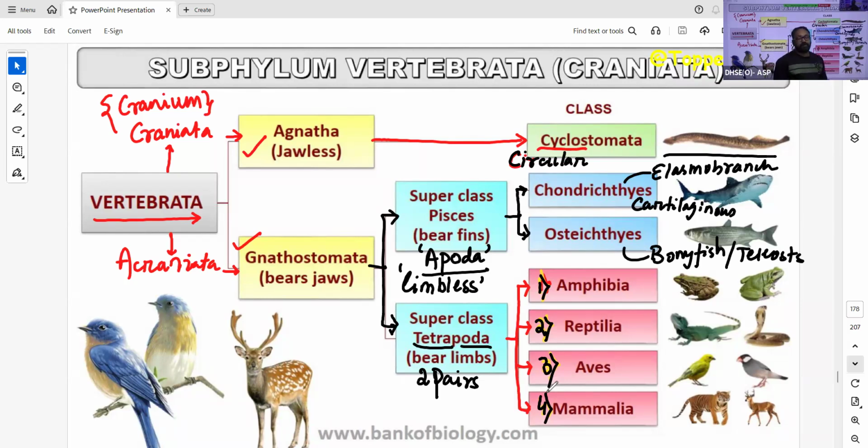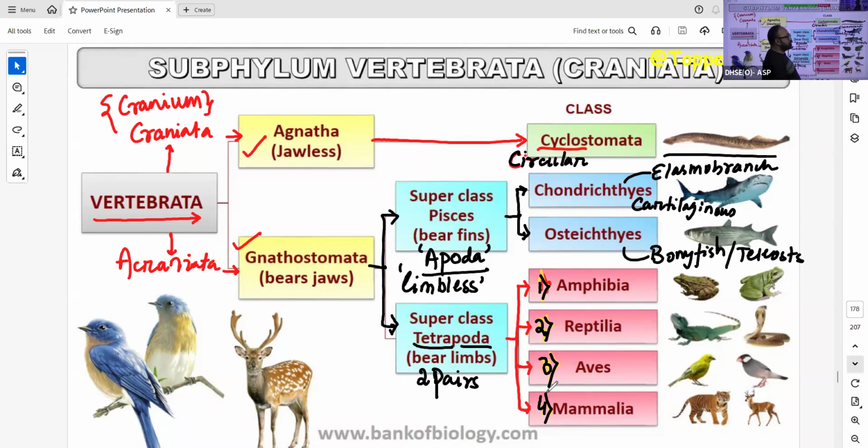They have two separate phases, one terrestrial, the other aquatic. So they are slightly more evolved because they are both aquatic and terrestrial in nature. Then reptiles come, which are mostly terrestrial. Only a few varieties are aquatic or semi-aquatic.